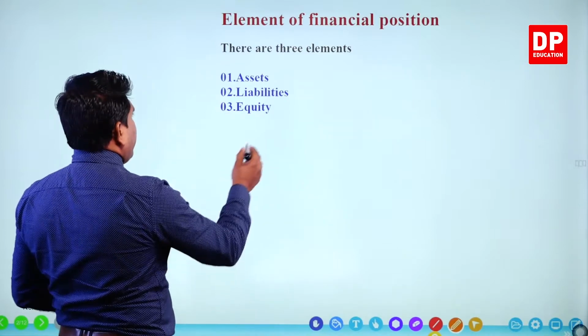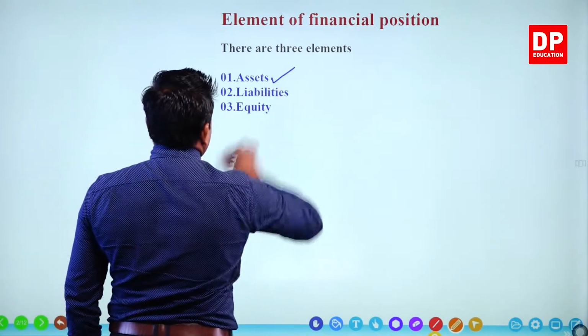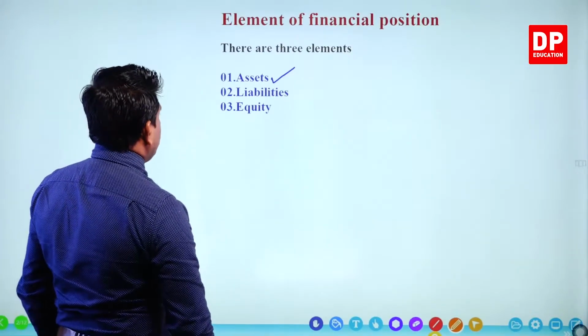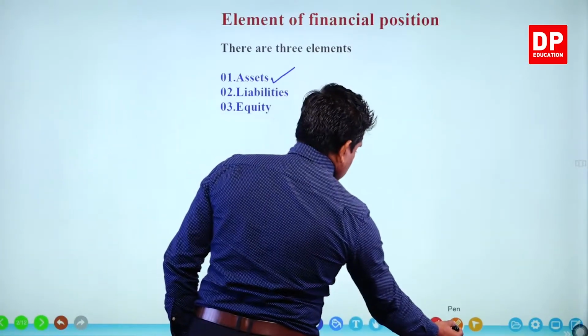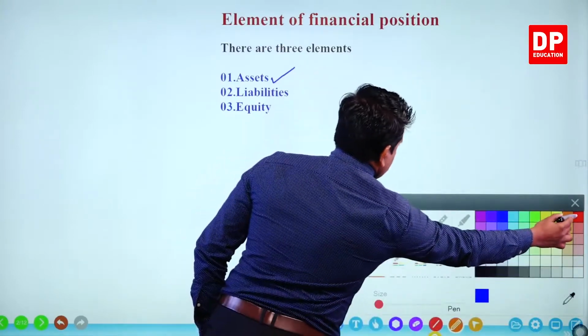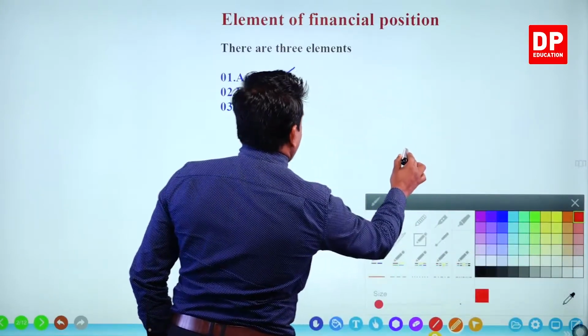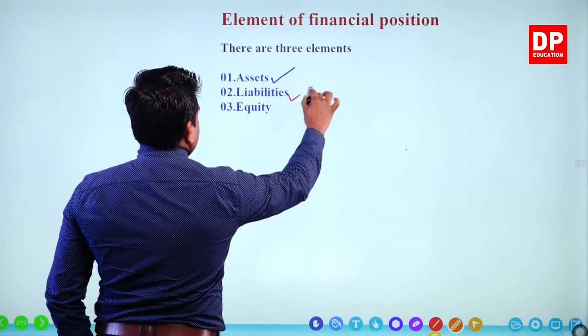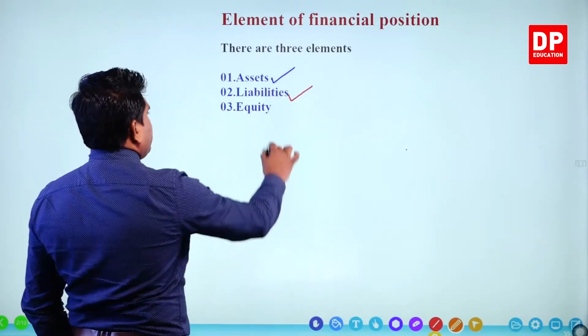Now, elements of financial position. There are 3 elements, right? Assets, then the other one is liabilities. I changed the color, right? It's okay now. Liabilities. The other one, equity.